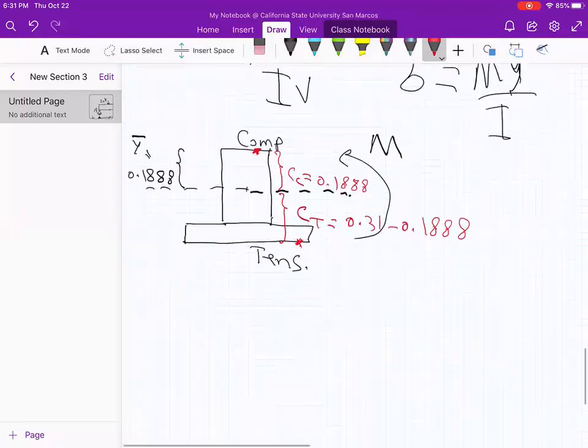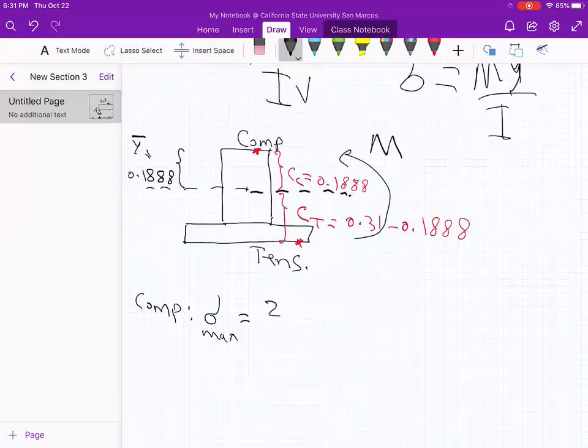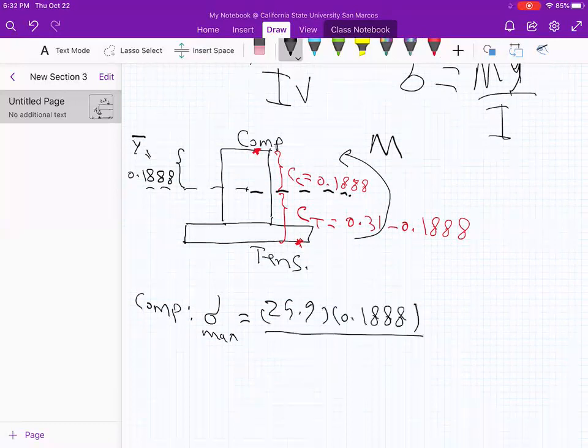Let's write for the compression first. Sigma max, M is given, I wrote M as 25.9. What is c? It would be 0.1880, divided by what's I? 6.08 times 10 to the negative 4.